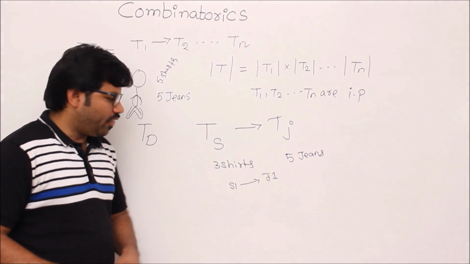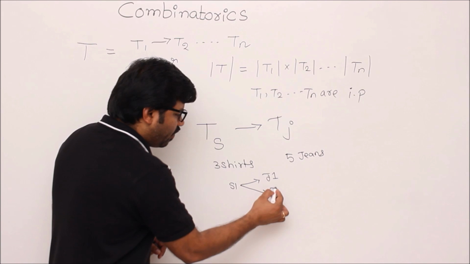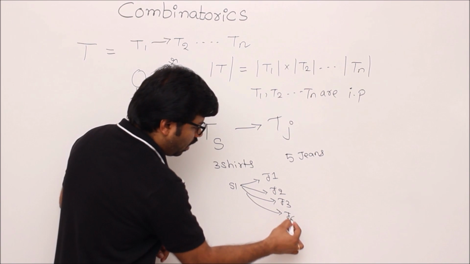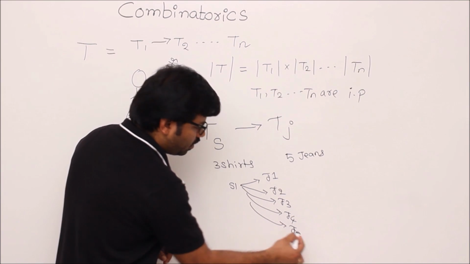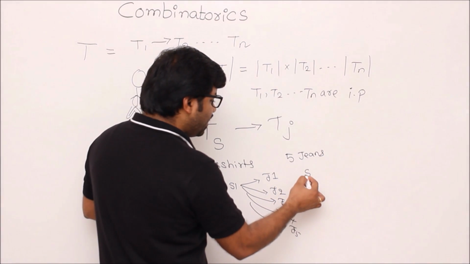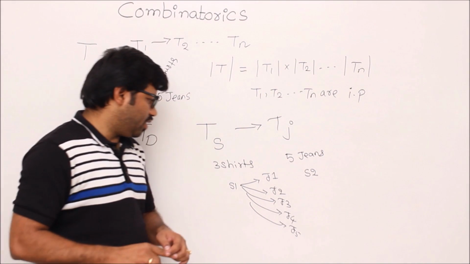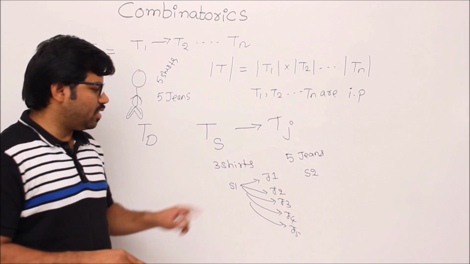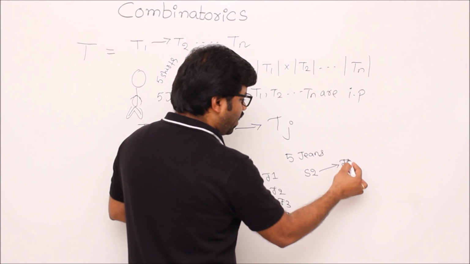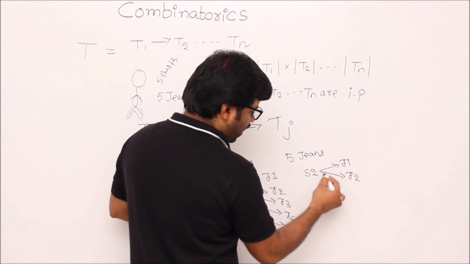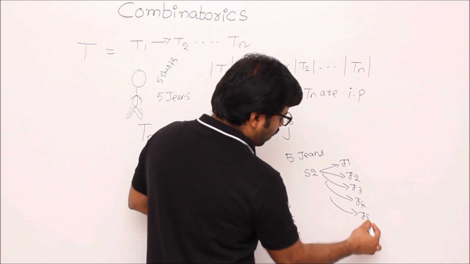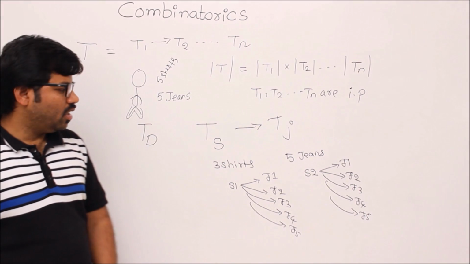But for the same shirt number 1, he also can wear either jeans number 2 or jeans number 3 or jeans number 4 or jeans number 5. But if he changes the shirt to S2, then again Raju has the same 5 ways of wearing a jeans. Isn't it? So that is called independence.